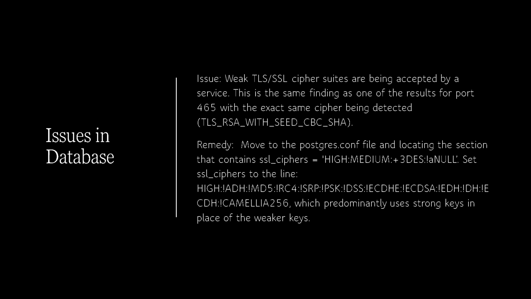So of course, the remedy here is more or less the same, except we're moving to a different file, in this case postgresql.conf, and we have to find the line that says ssl_ciphers and set the value of that line equal to this long command, which I'm not pronouncing. I'm sorry, I can't do that. What this long command does is enforce that the database predominantly uses strong keys in place of any of the weaker keys.